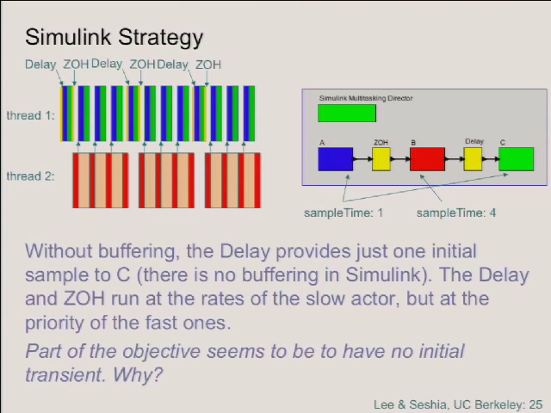Okay, so what the zero order hold does is both of these execute at the low rate. This is going to execute once for every 4 executions of this. And what it's going to do is take a snapshot of its input and hold that value for the entire sample time that this red block executes.